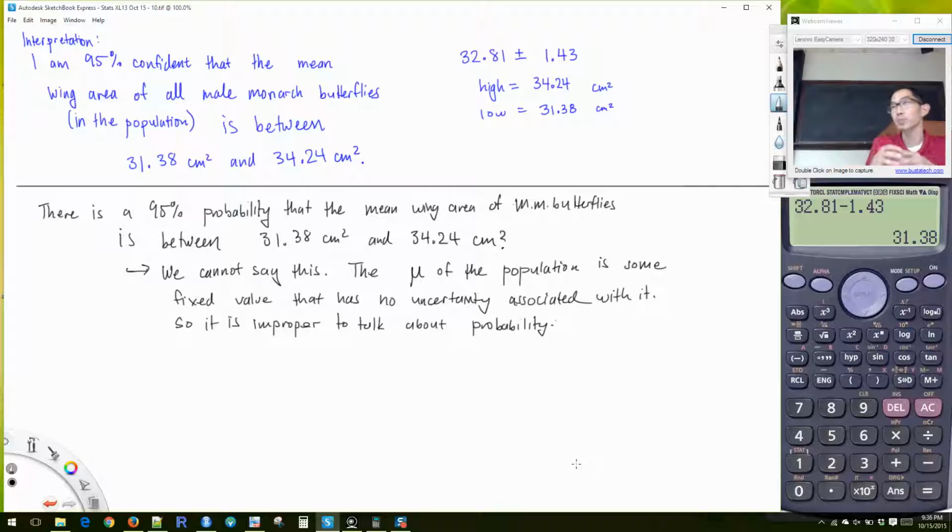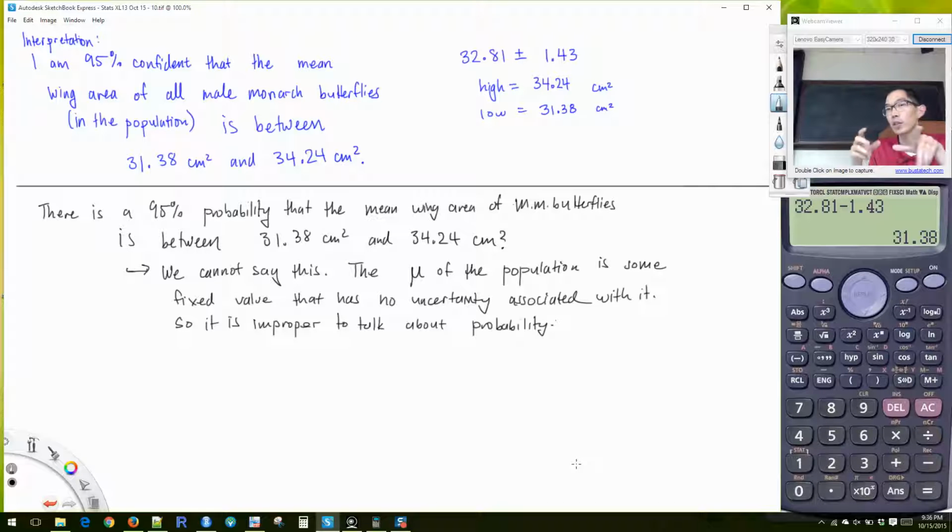Just like when we take a picture of the dog going for a walk with his invisible owner, when you take that photo, either the owner is within 2 yards of the dog or he's not. We don't know. We're just saying, based on our understanding, we're 95% confident that the owner's within 2 yards of the dog.